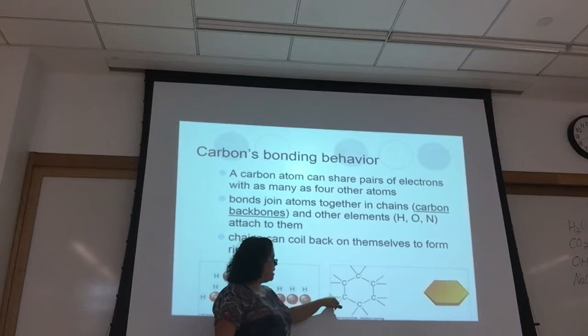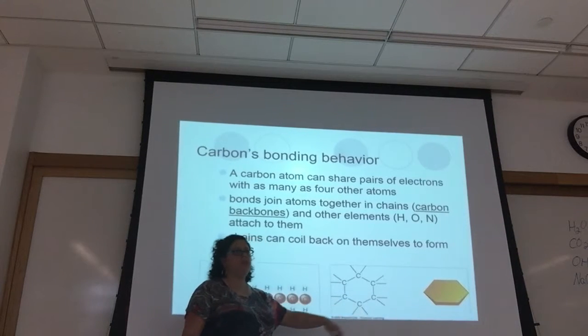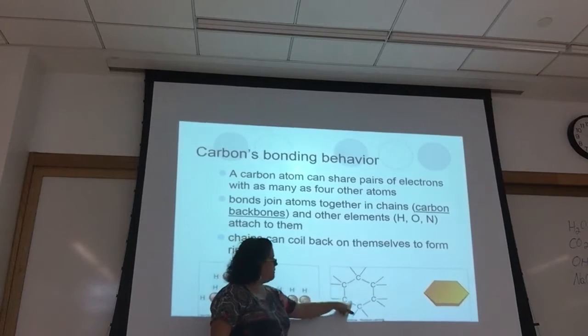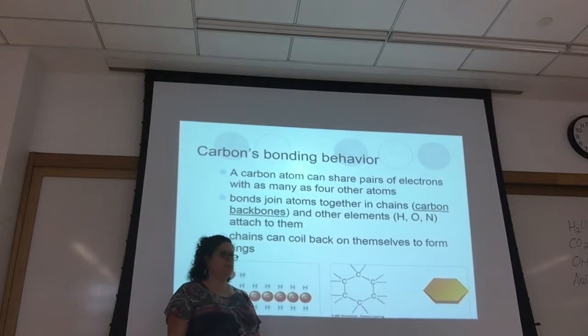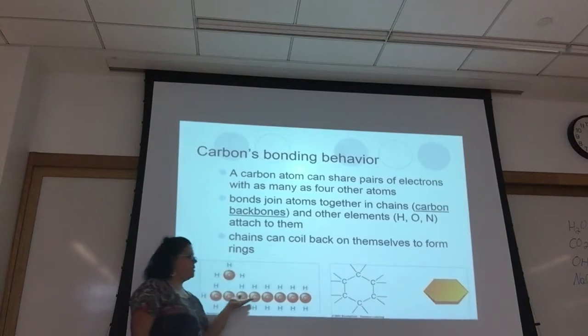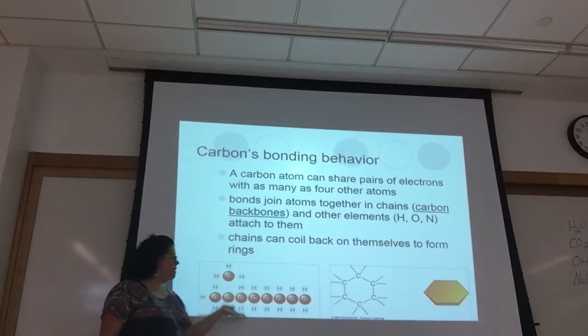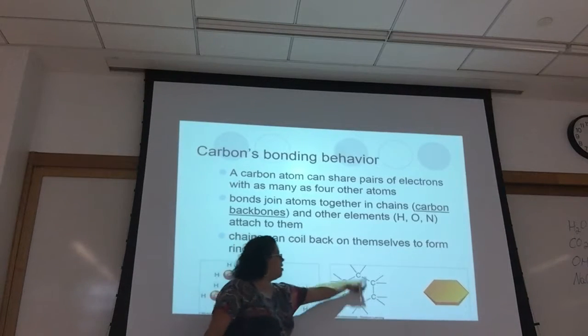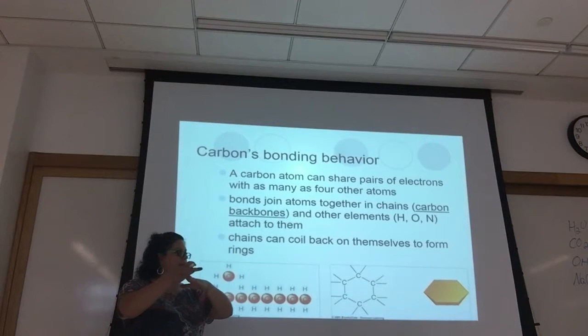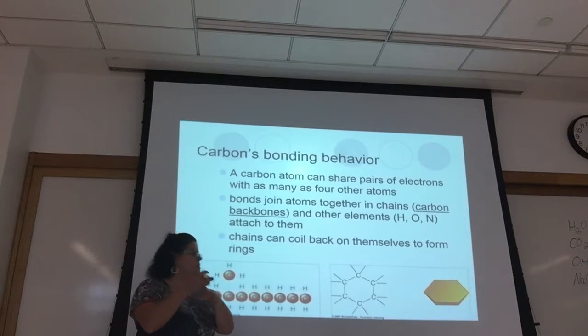If we count up the number of lines extending from each carbon, there should be 4. This shows you that carbon can have a chain and branch off the chain, but it can also form a ring. It can coil back and bond to itself.